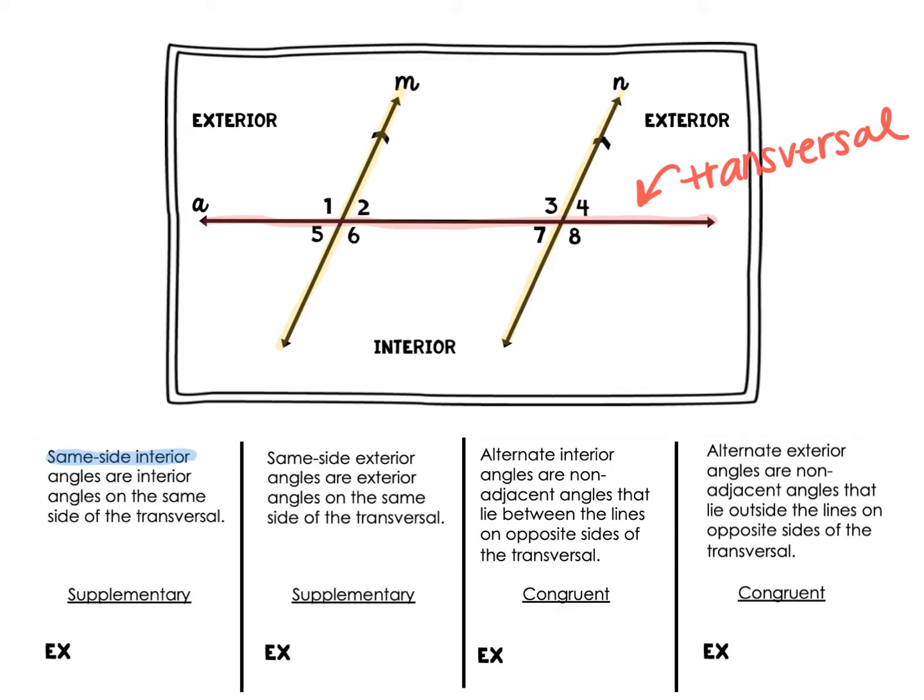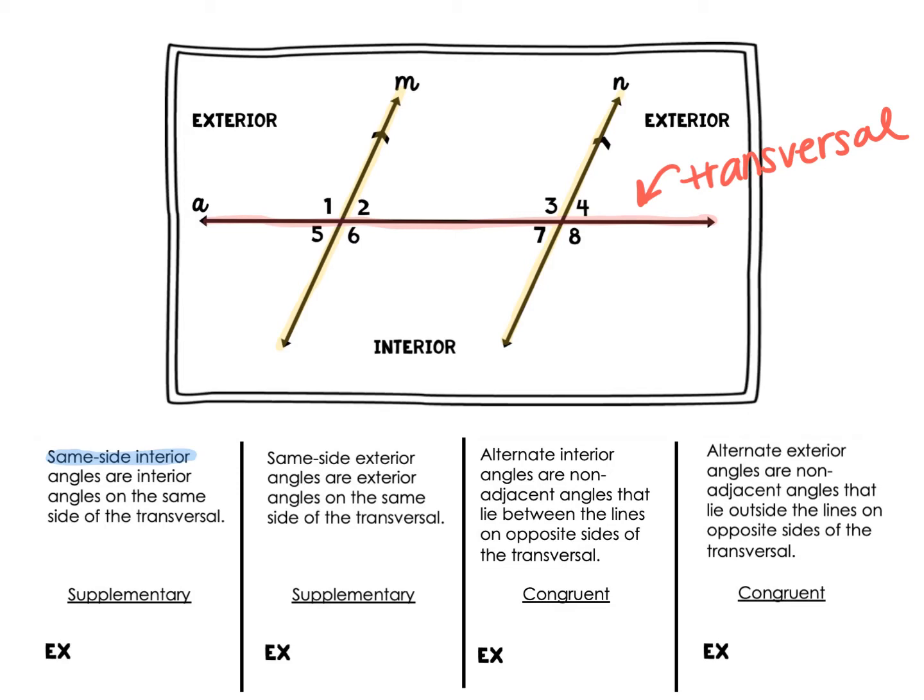In this position of the transversal, it's completely horizontal. And so we're going to be looking for two angles that are inside the parallel lines, either both on top or both underneath the transversal. So here, my angles that are inside the parallel lines are 2, 3, 6, and 7. If I look at 2 and 7, those are not on the same side of the transversal, or 2 and 6.